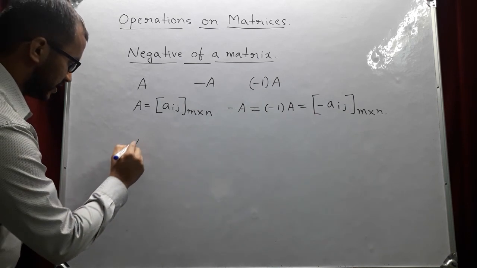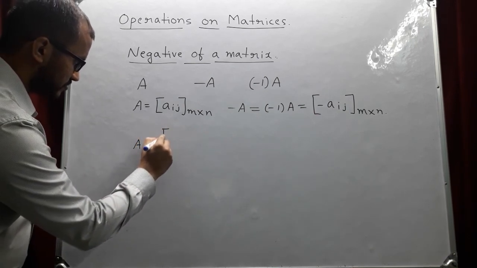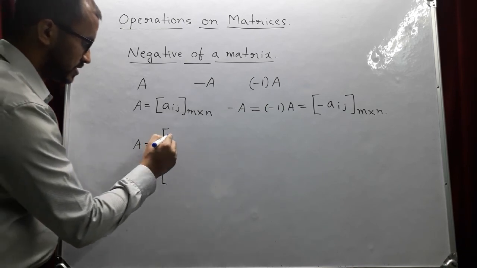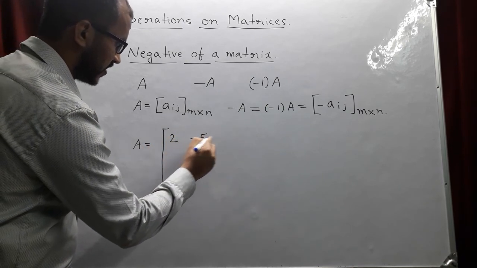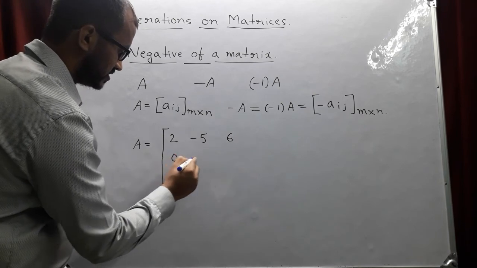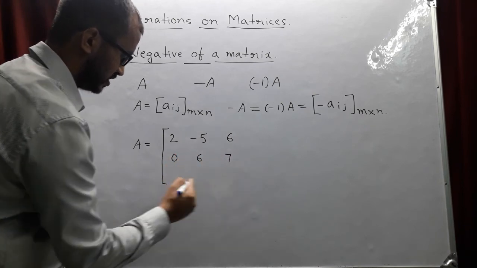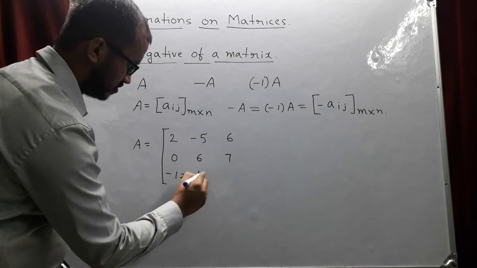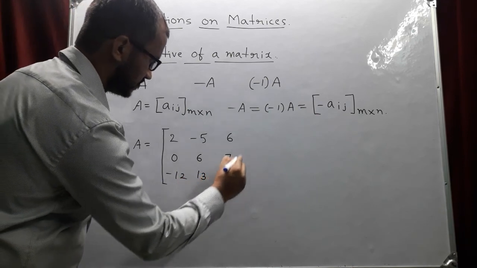Example: consider A equal to the matrix 2, minus 5, 6, 0, 6, 7, minus 12, 13, 4.